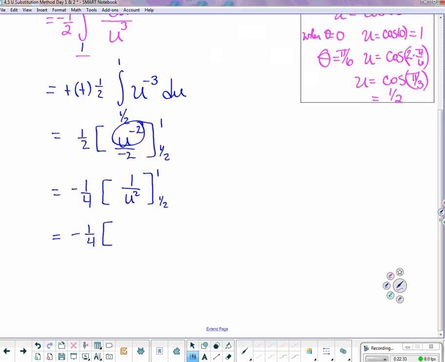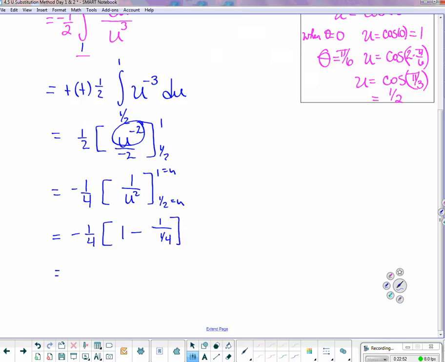Okay, so rather than switching back to x's, we had already updated these. These were in terms of u, right? So we can just plug in. So I'm going to plug in 1. I get 1 over 1 squared, which is 1, minus 1 over 1/2 squared, which becomes 1/4.